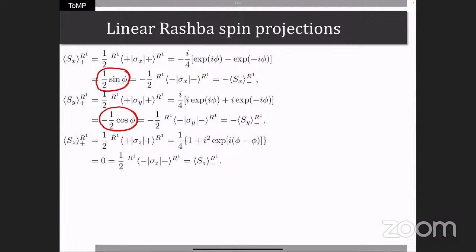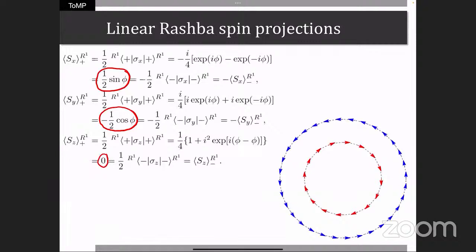Therefore, the Rashba effect feature is found in the Kx, Ky plane. And Sz becomes 0. So if we plot it on a contour of constant energy, we can see that the spins precess in a chiral fashion like this, and in the opposite sense for the inner one.